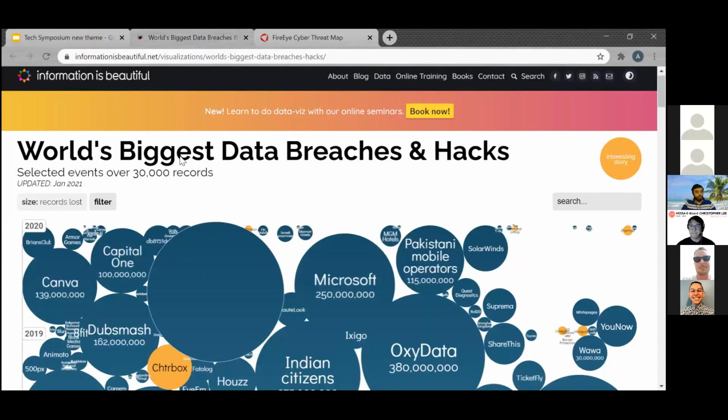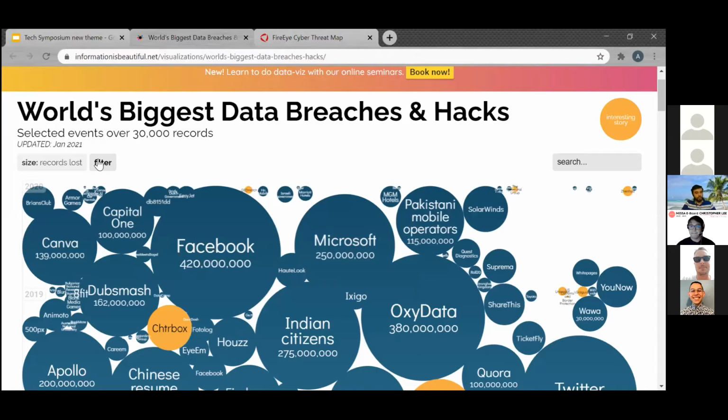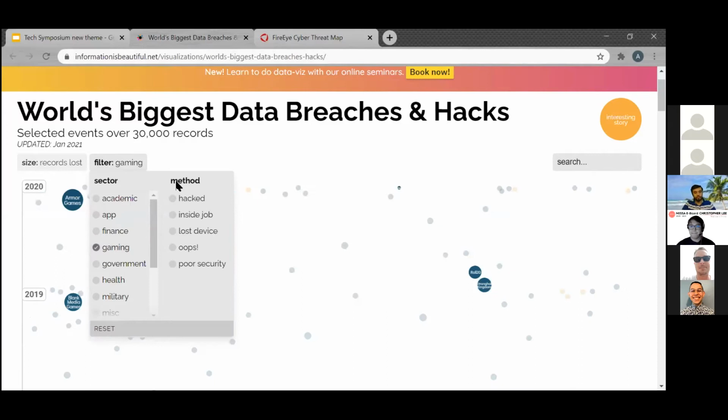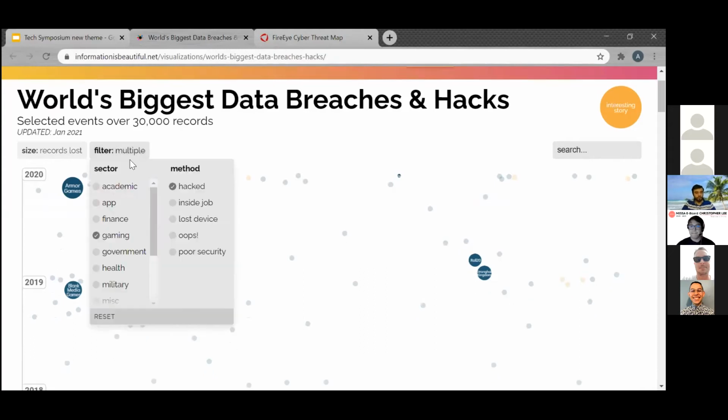Another thing we could do with this dashboard is filter it. We can filter it based on different sectors, like academic, finance, gaming, for example, and we can filter it by the different methods, like hacked. We can play around with it, see which sectors we want and which type of methods we want, and get more data that way.